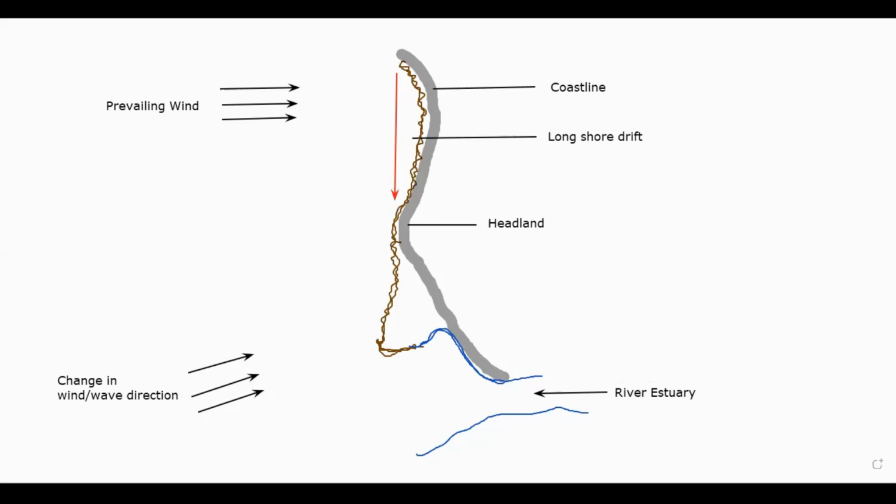And then we can now include our labeling for our salt marsh. And that is our diagram for the formation of a spit.